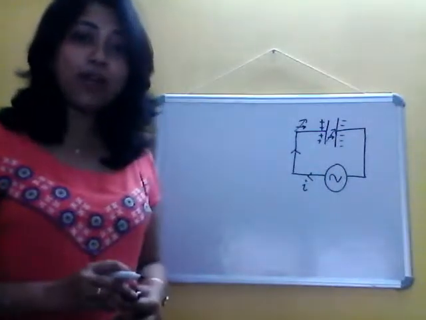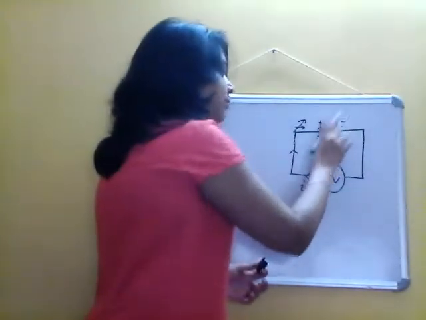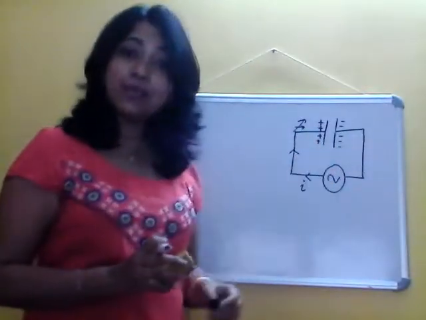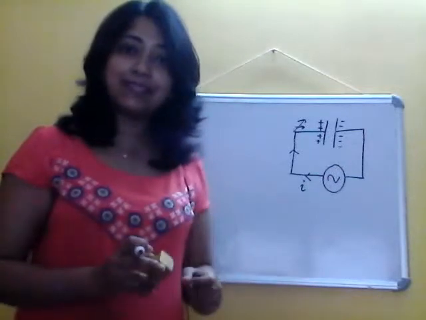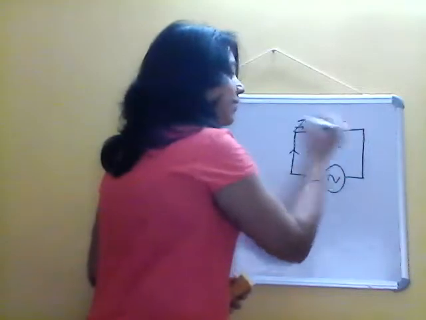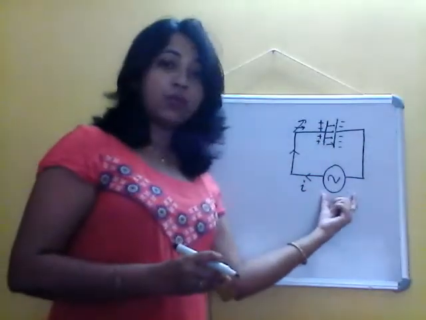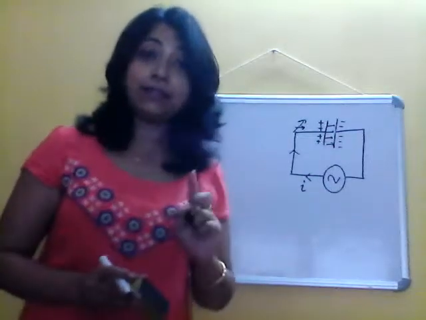So in this scenario, I hope all of you will agree with me if I start to tell you that an electric field has been set up between the two plates, isn't it? And the direction obviously will be drawn from positive to negative. So this voltage source is creating an electric field.